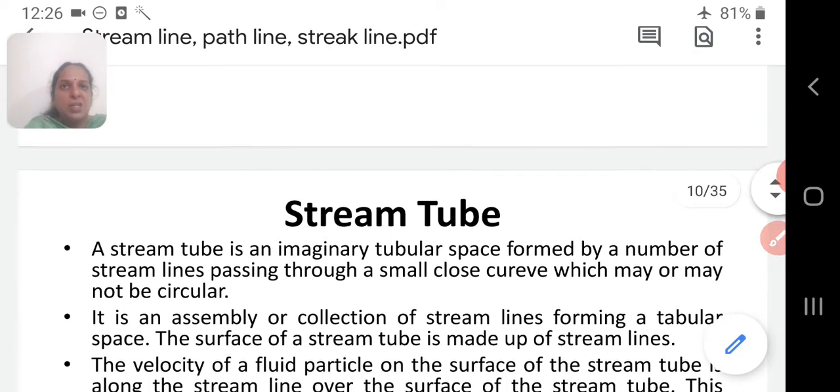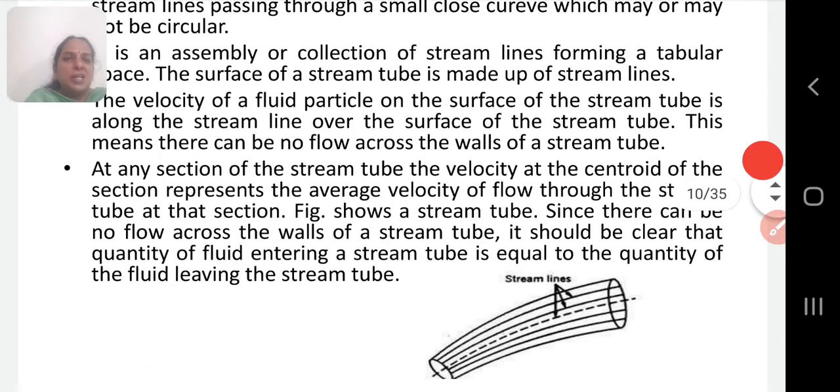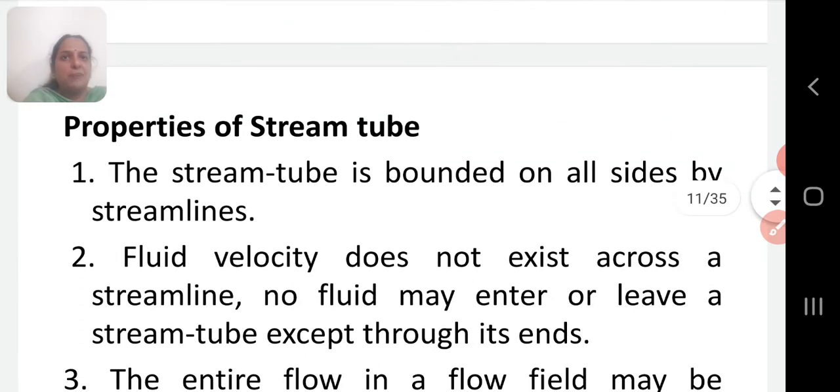So there is no flow at all across the walls of the stream tube, and therefore the flow entering the stream tube will be equal to the quantity of the fluid leaving the stream tube.